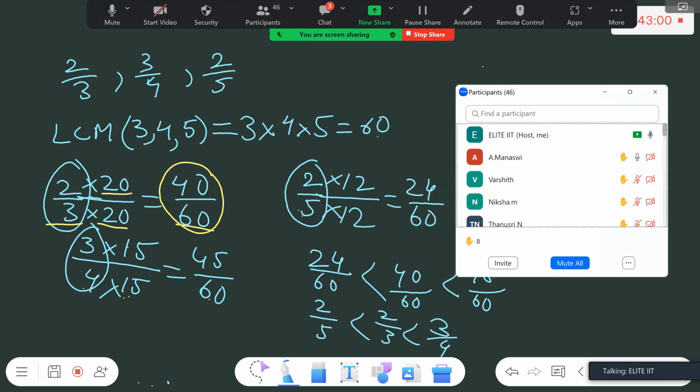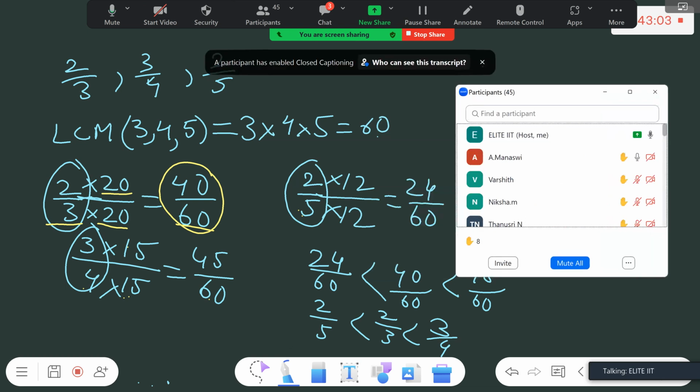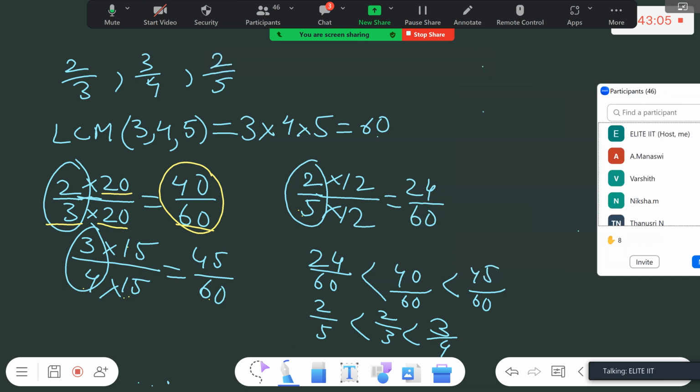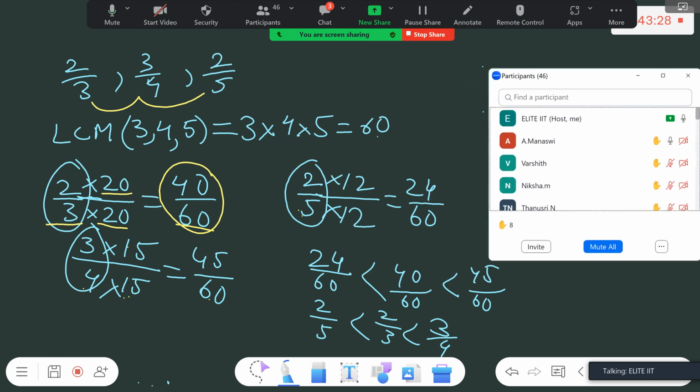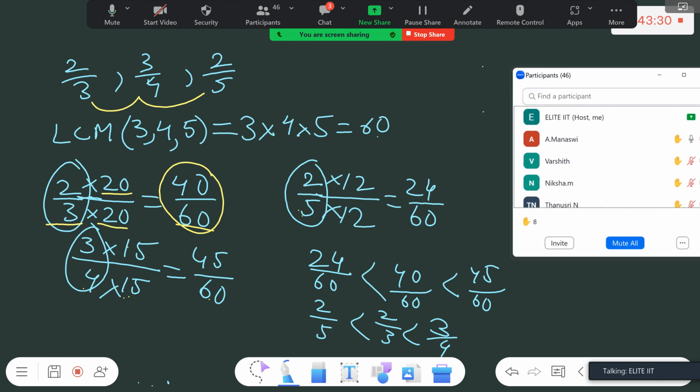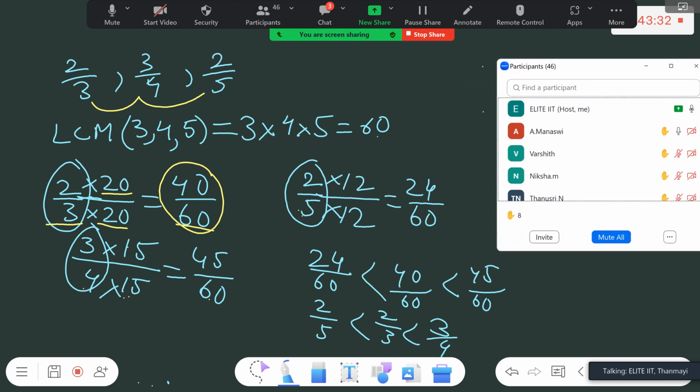So how to make them all like fractions? By making the denominators equal, right? How to make the denominators equal? By taking the LCM, isn't it? So if you take the LCM of 3, 4 and 5, what do you get?